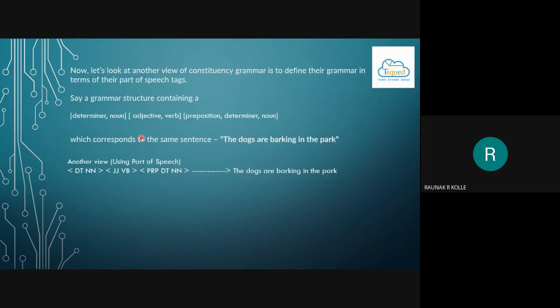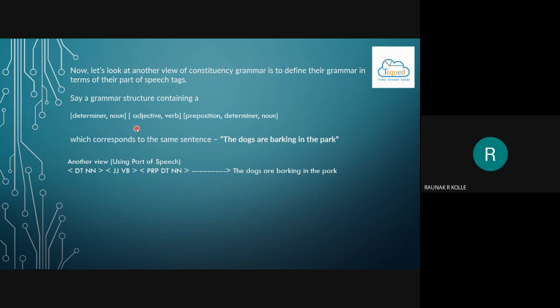Now let's look at another view of constituency grammar, which is to define the grammar in terms of parts of speech tags. Say a grammar structure containing a determiner, noun, an adjective and a verb, a preposition, determiner, and a noun, which corresponds to the same sentence. The dogs are barking in the park.